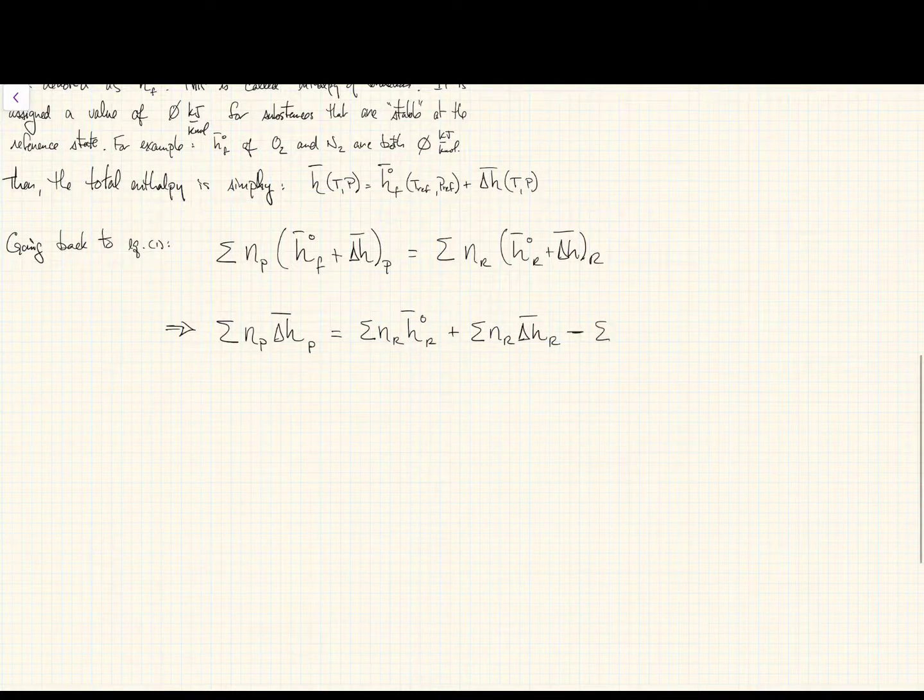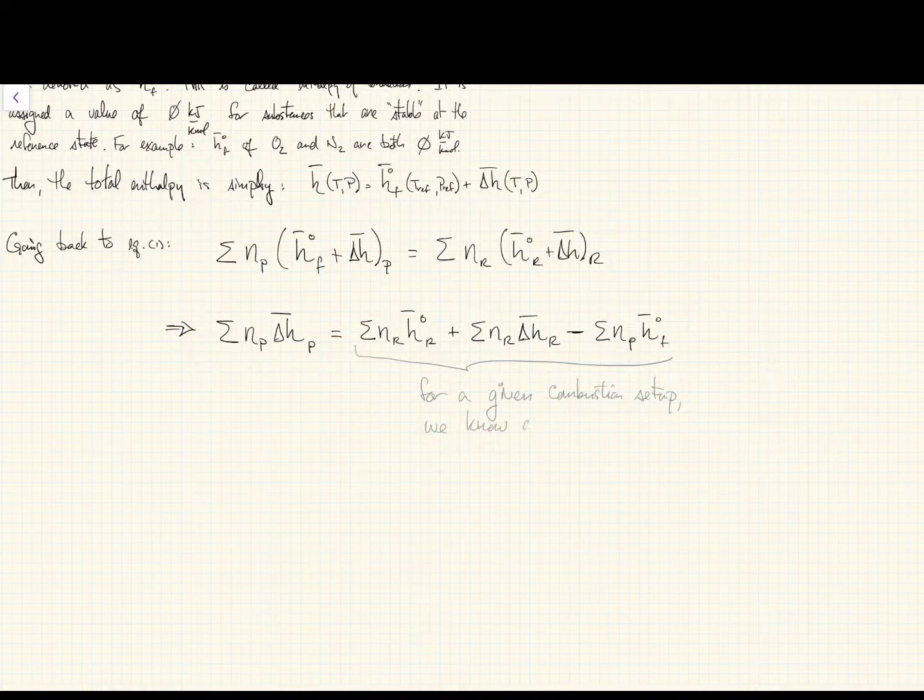We're going to box that up now because the right-hand side for a given combustion process is going to be completely determined by the temperature at which we introduce the reactants in the combustion chamber, which is known, and of course the enthalpies of formation, which are at a known state as well. So everything is known on the right-hand side for the given reaction.